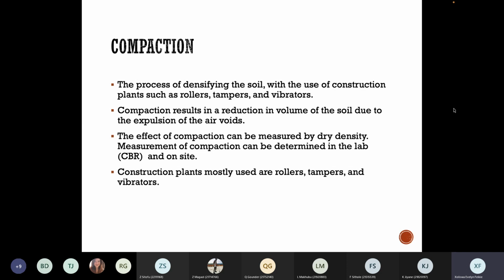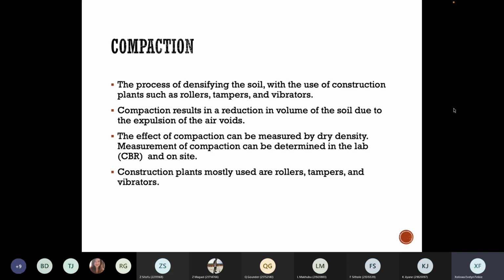If you need to move it from that loose condition to a compacted condition, the volume of the loose material will be larger, and the volume of the compacted soil will be smaller as compared to the other one. So they say that the effect of compaction can be measured by dry density.